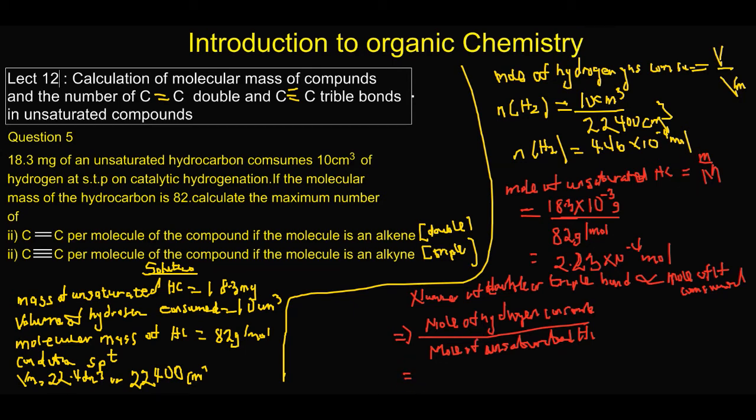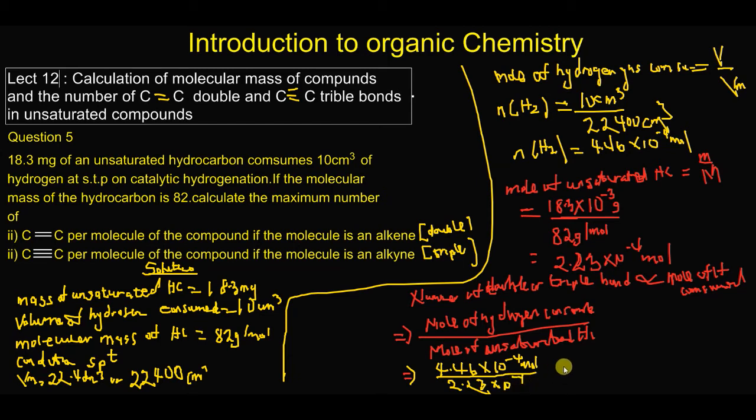You are going to get 4.46 times 10 raised to the power negative 4 mole, divided by the mole of the unsaturated hydrocarbon, that is 2.3 times 10 raised to the power negative 4.